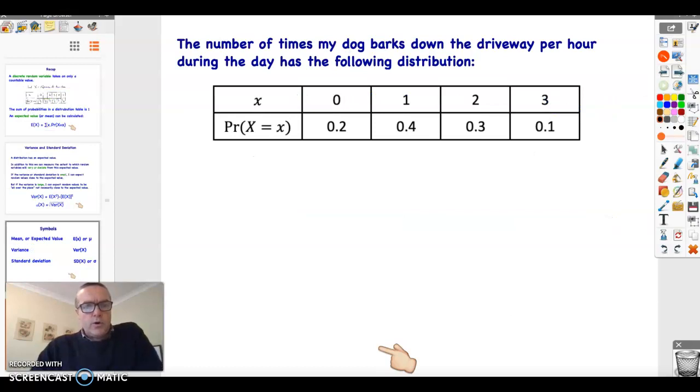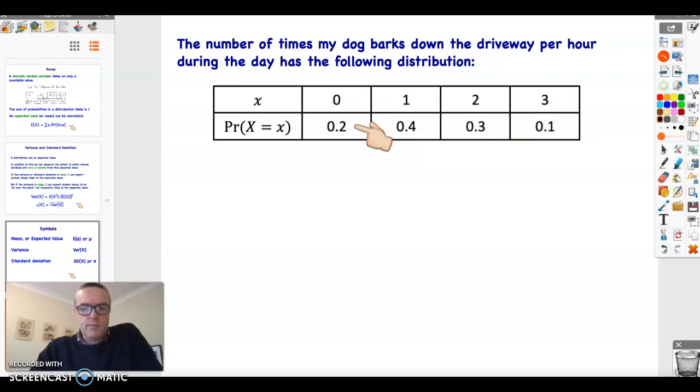So we're going to work on this example, and through this example we'll do some of these calculations. This distribution represents the number of times that my dog barks down the driveway per hour during the day. Sometimes my dog will bark up to 3 times per hour, sometimes won't bark at all.